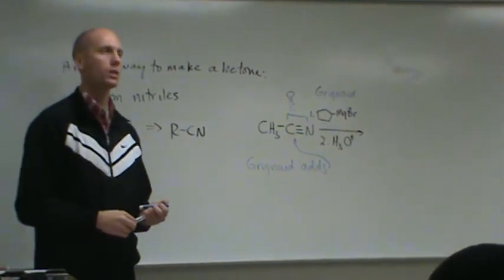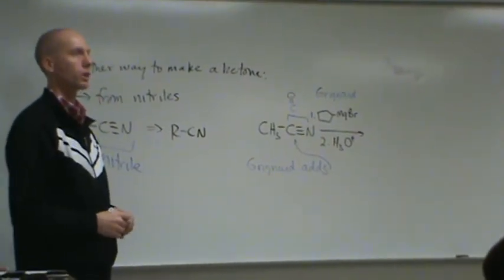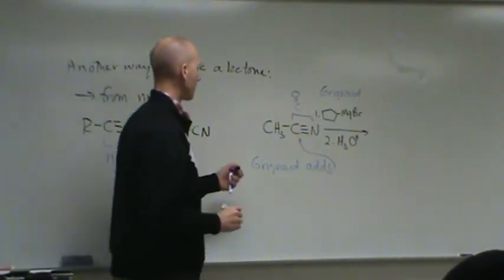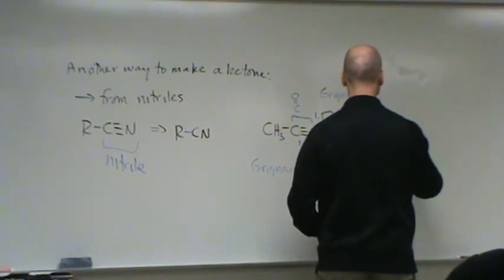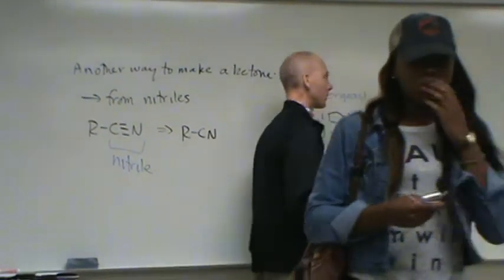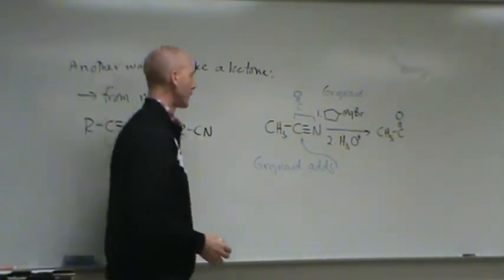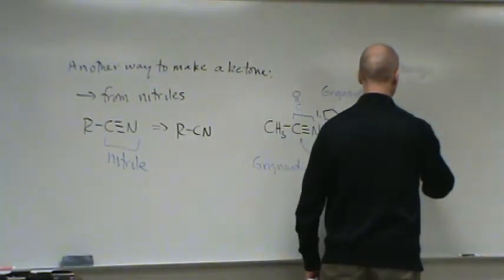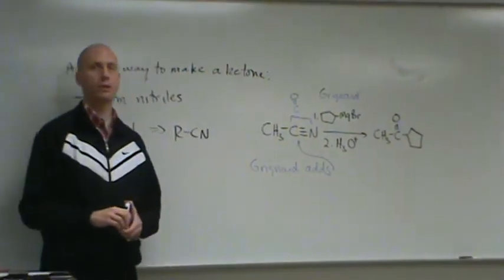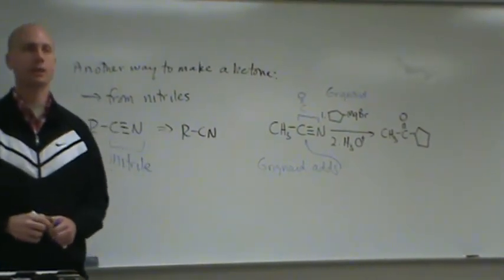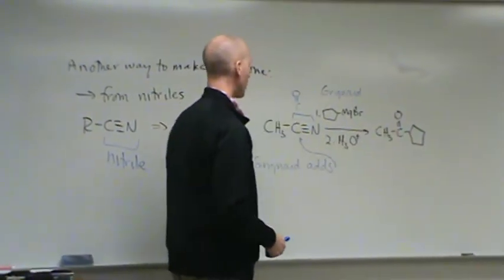Now you're studying spectroscopy, but write these little hints down so you remember in the future. So the C triple bond N converts to the carbonyl, and that Grignard has then added to that carbon. And so we get a ketone, don't we? Where both sides of the carbonyl are carbon atoms.